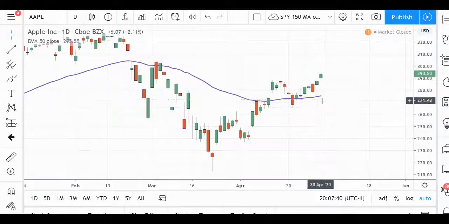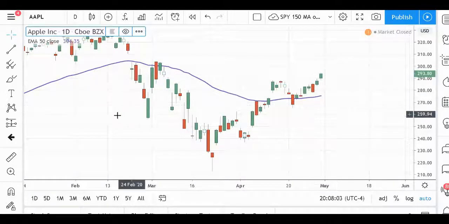But as I mentioned, they're both fine. It just depends which one you want to use. So it's above, and the popular idea here is that you only want to be a buyer whenever the candle has closed above the 50-period moving average. The idea is don't be a seller or a short seller here.